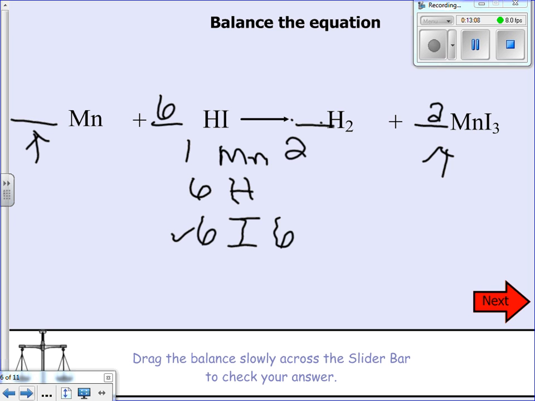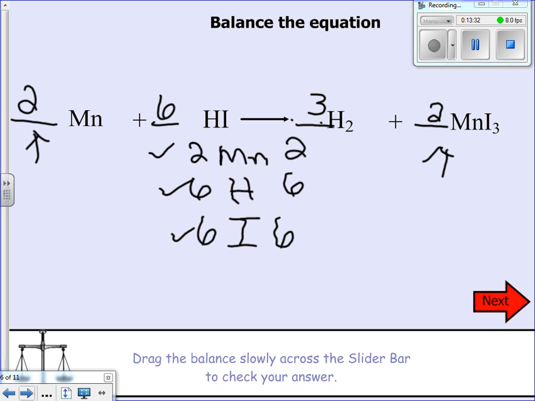To get 6 hydrogen on the right, I'm going to have to put a 3 here, because 3 times 2 is 6. So now my hydrogen's correct. And I've got 2 manganese on the right and I only have 1 on the left, so I'm going to put a 2 here. And now that is balanced.